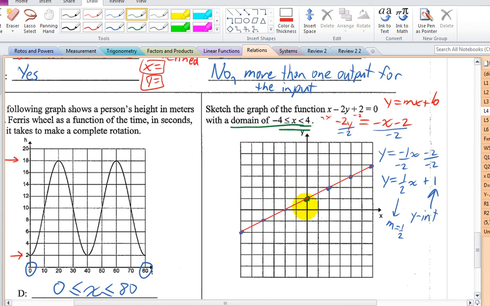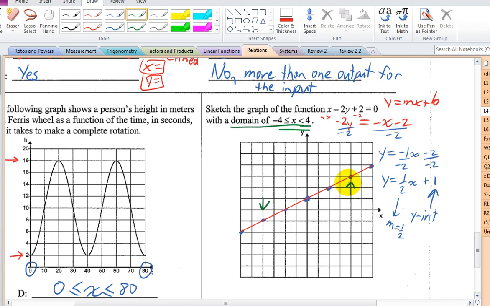So here's x is -4 right here, and here's x is 4. At those points, you have to decide whether you should use an open circle or a closed circle, and then the line can only be between those points. So you're going to have to erase the line a little bit, because it's not a full line, it's just a section.